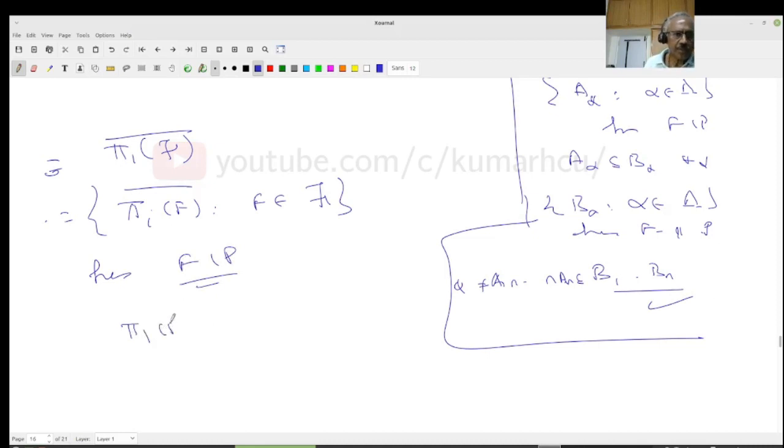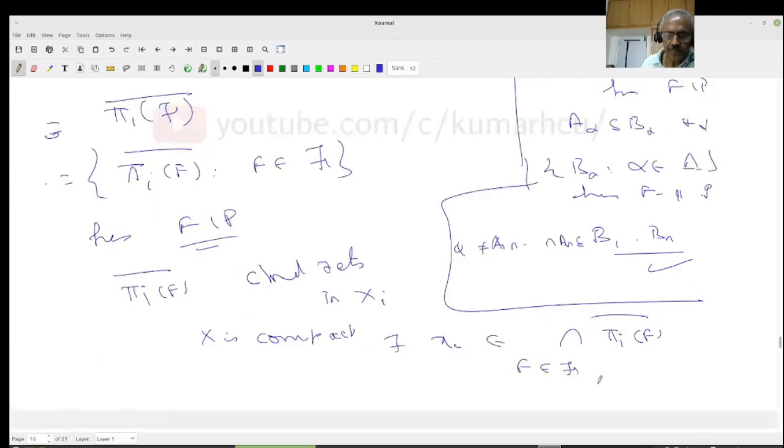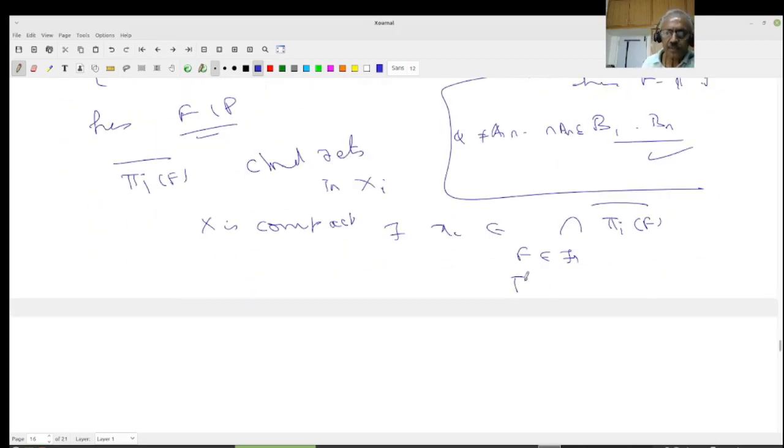But what do I know about pi_i of F closure? These are all closed sets in X_i. And what do I know about X_i? X_i is compact. Therefore, there exists an x_i which is common to pi_i of F closure as F varies over script F. So I found it. Pause, review, proceed.